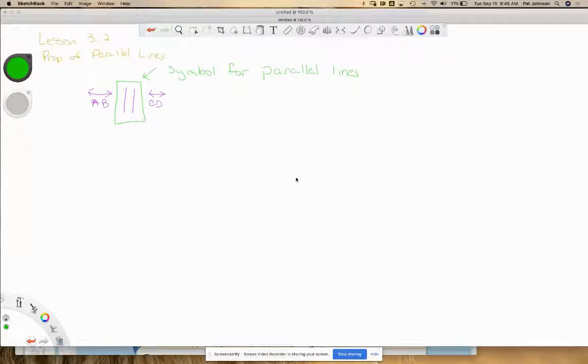Now when we see lines, I'm just making up two lines here, let's call this line P, Q, and R. Let's just make this S. Line S and R. Line P is our transversal, and it cuts these two lines.